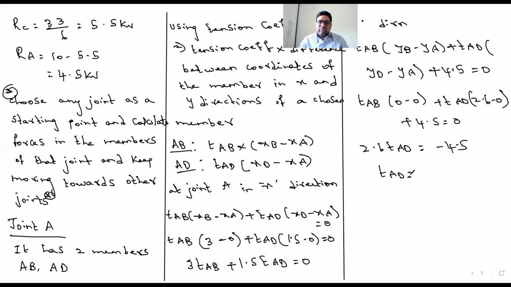TAD is equal to how much? TAD is equal to minus 1.73.